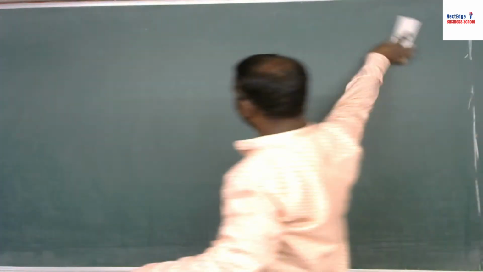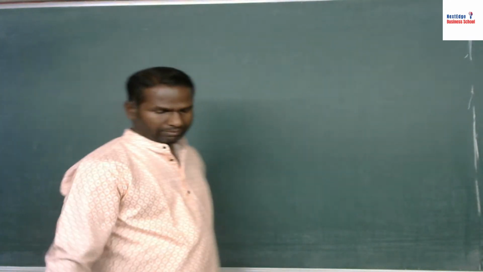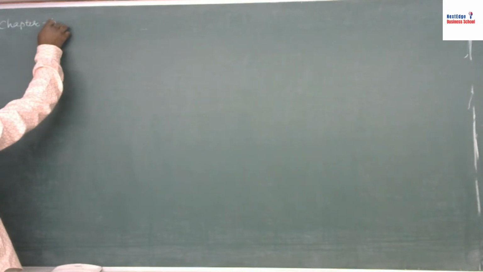Right, so now we are starting with chapter number 5, first portion. Chapter number 5 talks about decision theory, right? So welcome back to part 2 of today's session. In that we are going to cover one part called decision theory. Chapter number 5 has 3 parts actually.